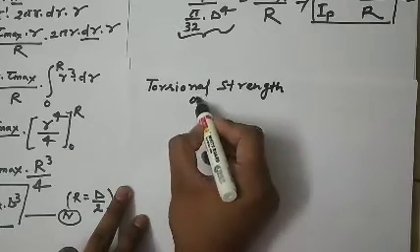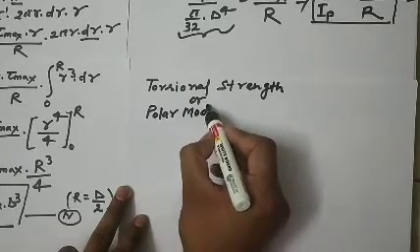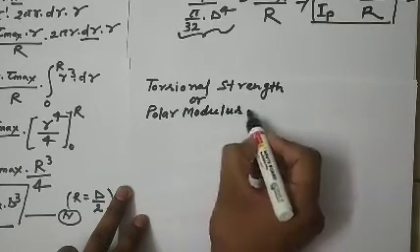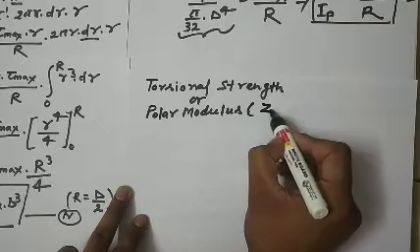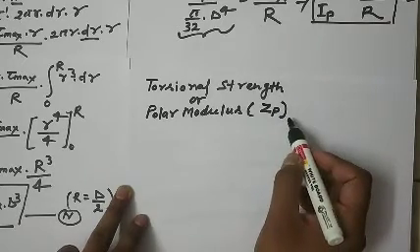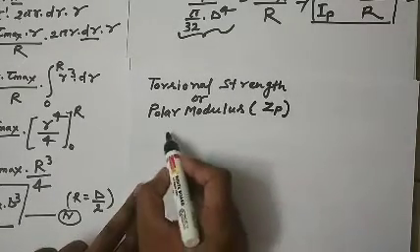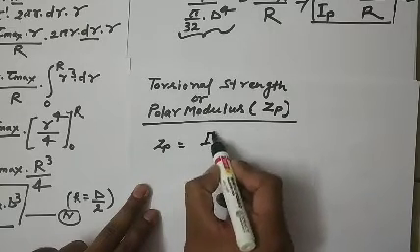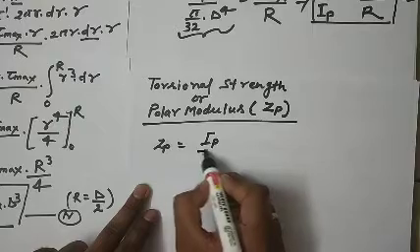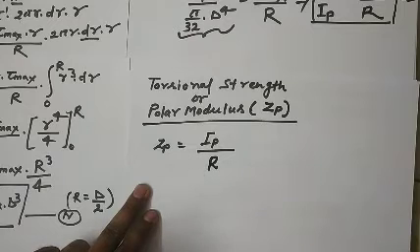It is also known as polar modulus, denoted by ZP. ZP is defined as the ratio of the polar moment of inertia to the radius of the shaft. ZP is equal to IP upon R.